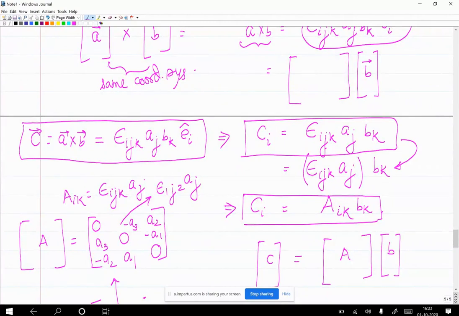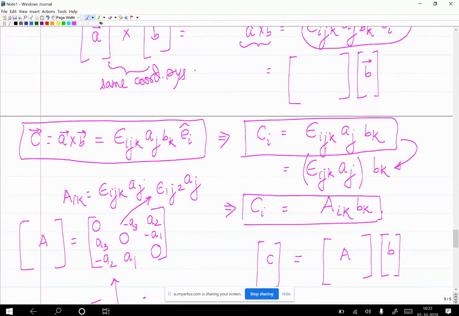Now you can see that the thing inside the bracket has got two free indices, I and k. You can always think of a matrix whose components are formed by this formula. Because it has got two free indices, you can always associate a matrix to it.